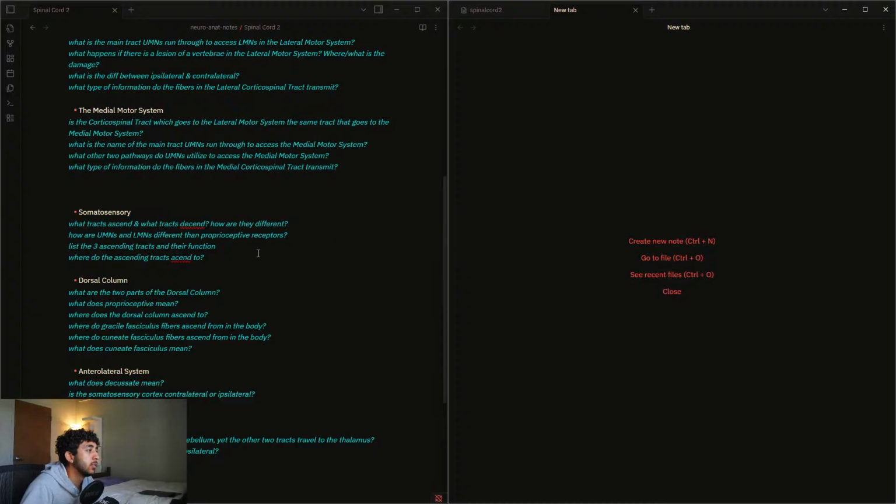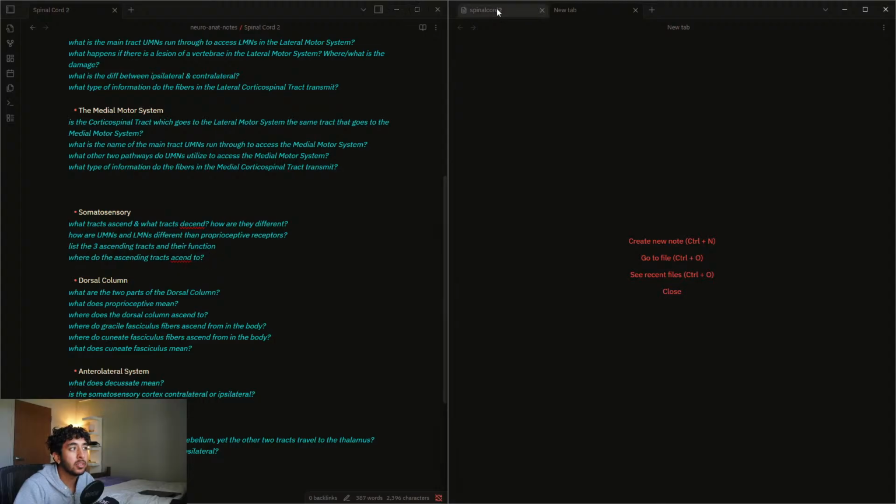Where do they ascend to? Ooh. So I know two. Okay, I'm going to take a wild guess. Spinocerebellar is for the cerebellum. Dorsal column system, don't know.